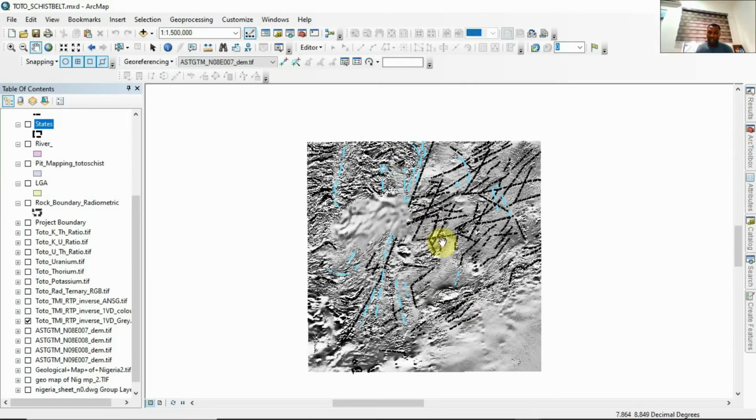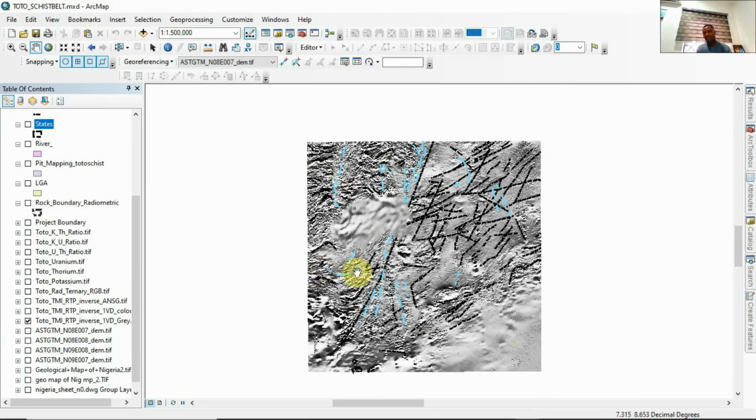You can see that most of the things trend northeast in this direction. So there is a clear boundary of highly deformational activity within here and here. The whole of this area is distinctive, different from here, and different also from here.